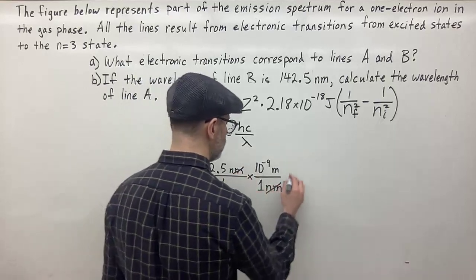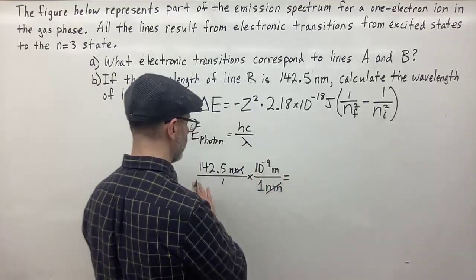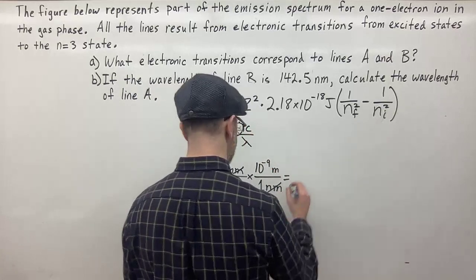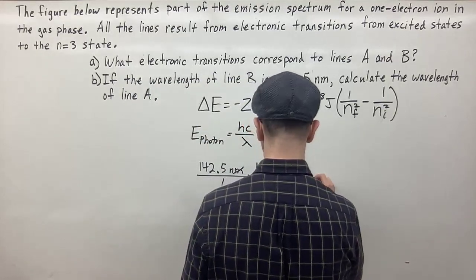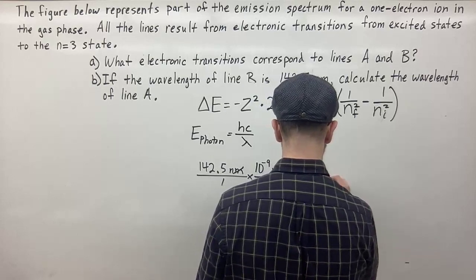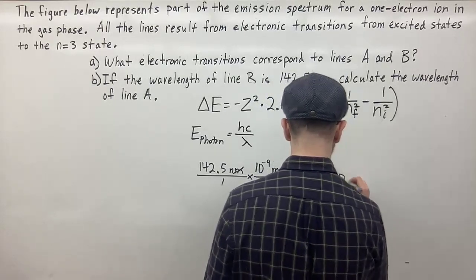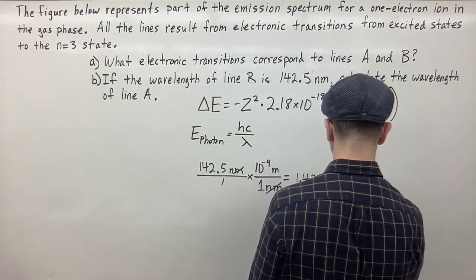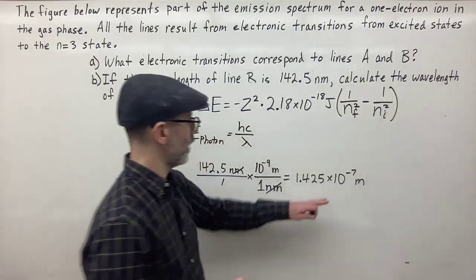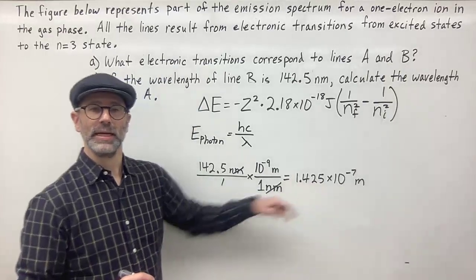Nanometers cancels out, and so when I do this, I get 1.425 times 10 to the negative 7 meters. So now I have the wavelength in meters.